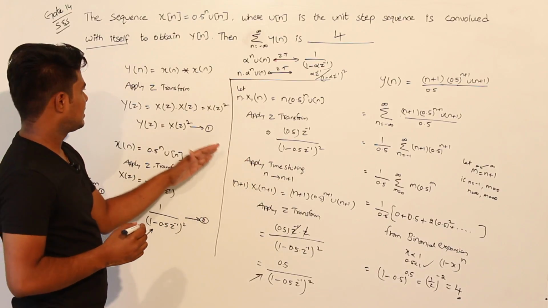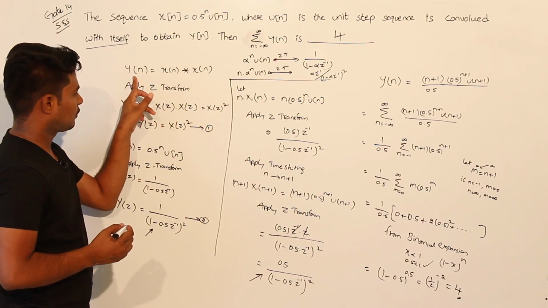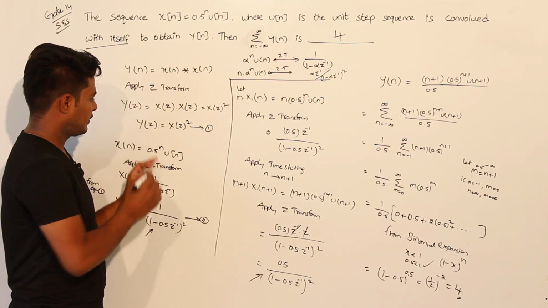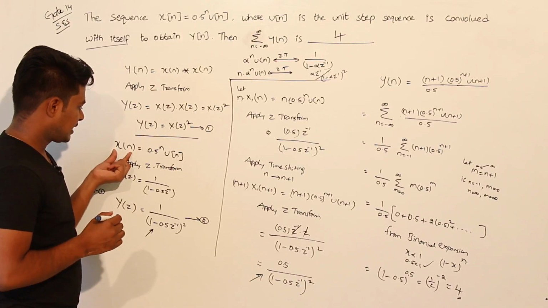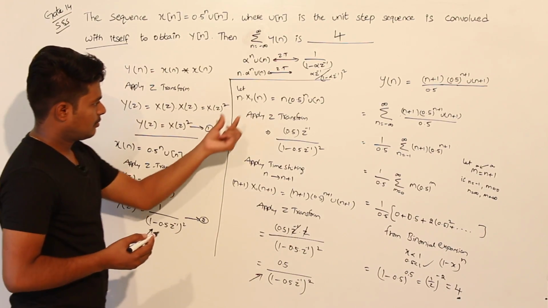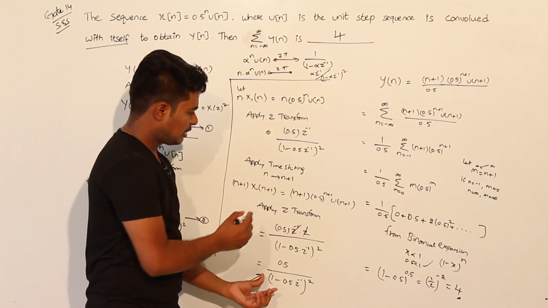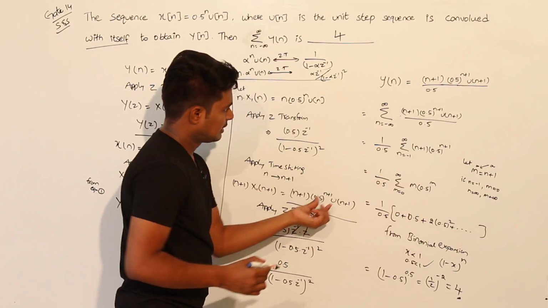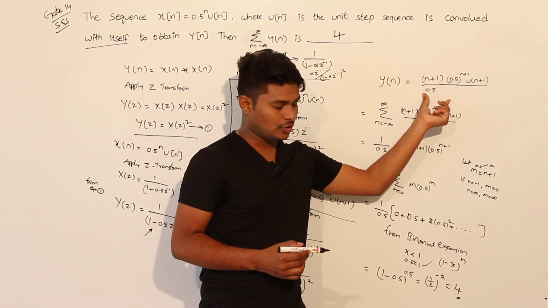Now, how have we got this? x is convolving with itself, so we have to find y of n. Then we applied z transform and got Y of z equal to X of z whole square. By applying z transform to the given x of n, we got X of z, and by taking a simple assumption of n and the time shifting property, we got the value of y of n as (n plus 1) into 0.5 power n plus 1 u of n by 0.5.